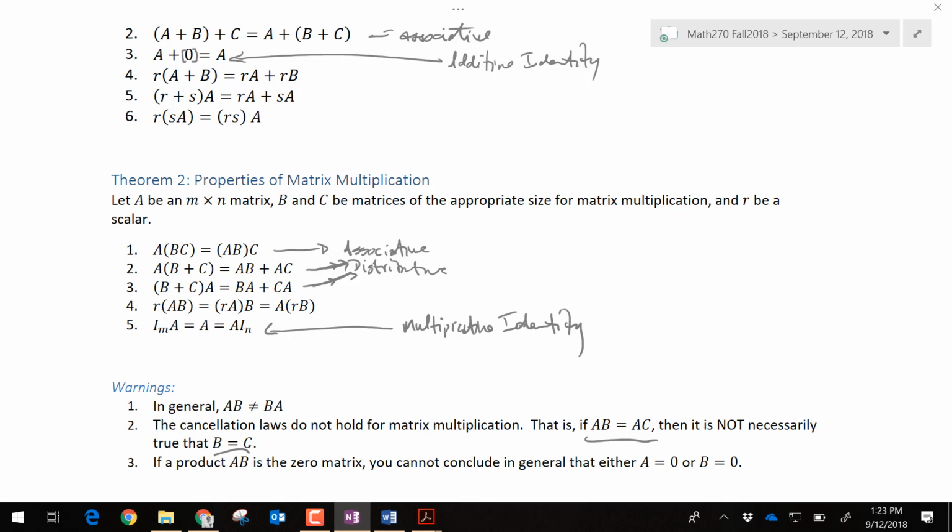When we factor a polynomial and set it equal to 0 and say either this is equal to 0 or that's equal to 0. Number 3 over here says that that's not the case anymore for matrices. If you have A times B, a product of two matrices, equal to 0, you can't conclude that one of them is equal to 0 or the other one is or both. They could both be non-zero and still give a 0 result.